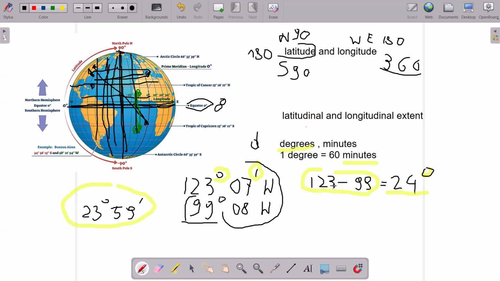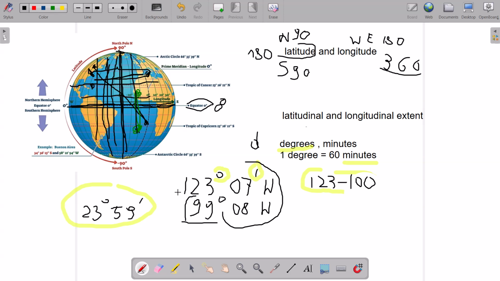I don't say 123 minus 99, but I do 123 minus 100. Instead of 99, I did 100, so I borrowed, or I added 1 degree because it will make it easier for handling minutes.